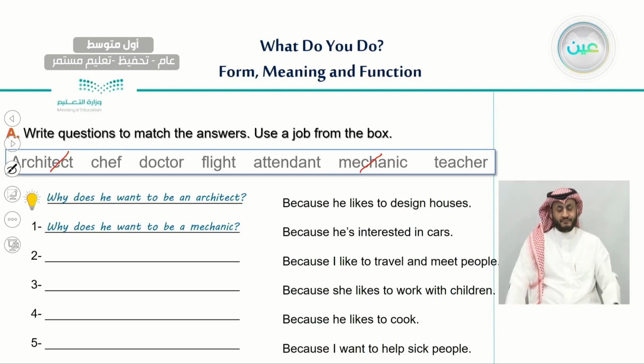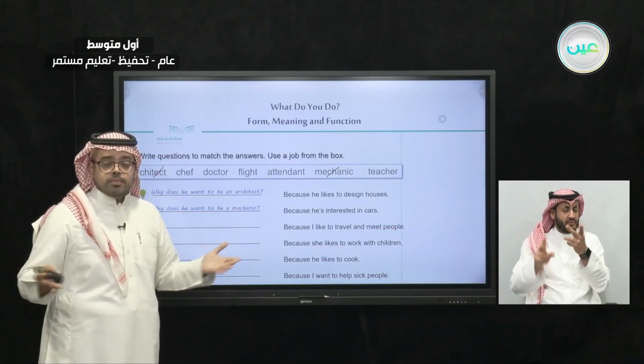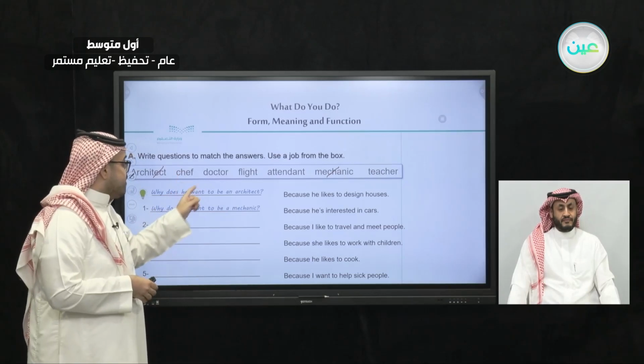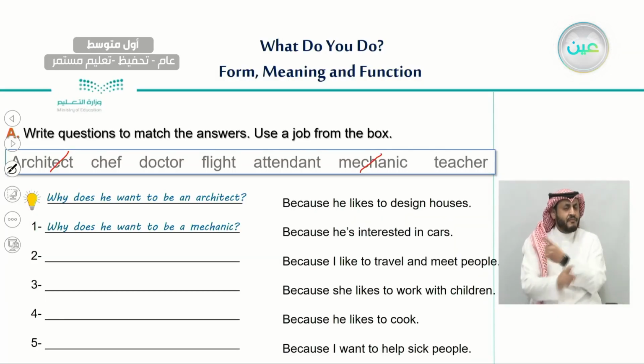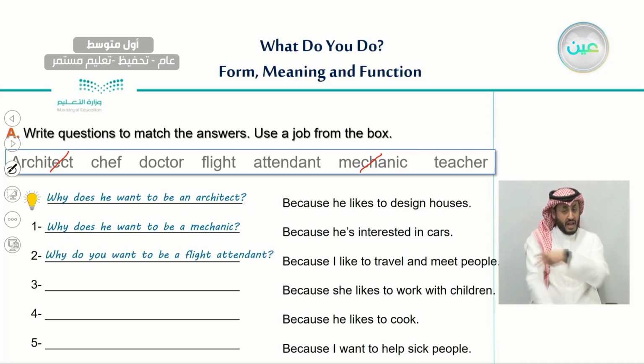Because I like to travel and meet people. So which of the remaining jobs has the activity of traveling and meeting people? What do you think? Is it the chef, the doctor, the flight attendant, or the teacher? Very good. It is the flight attendant.